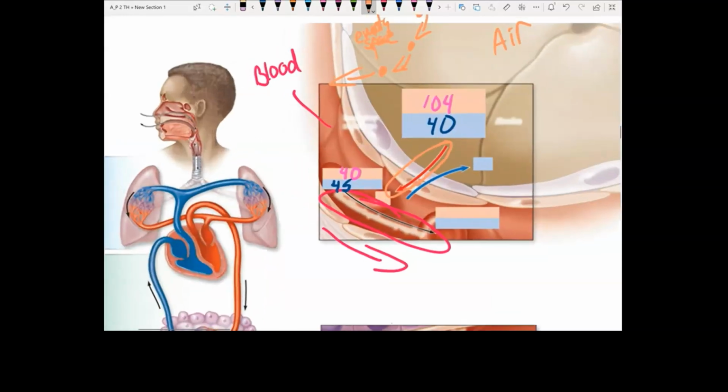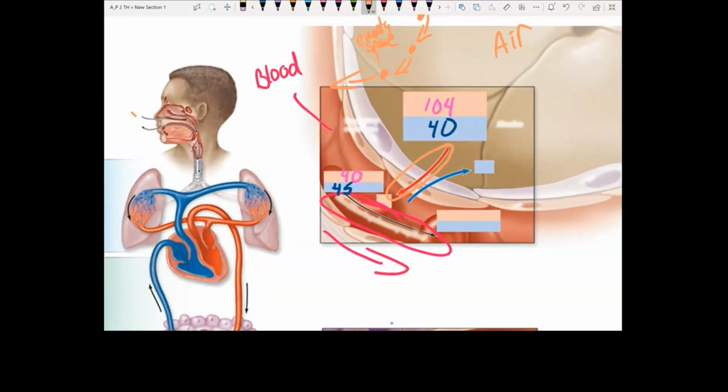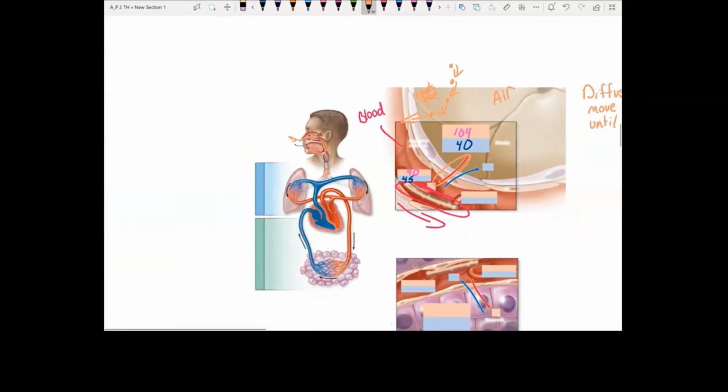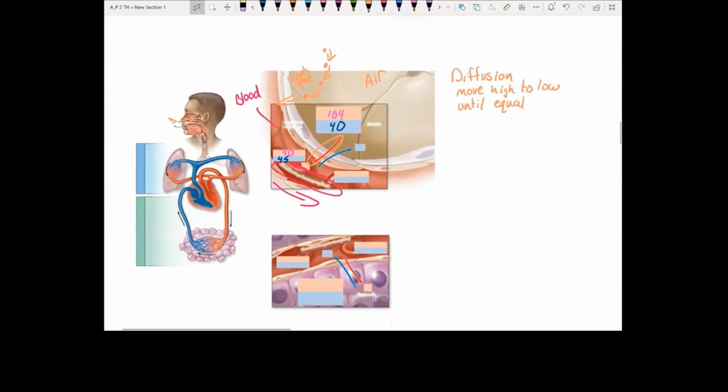See here in his face? Here that is. Follow this arrow. It's going through his nose all the way down like this. Each oxygen just keeps moving up to take the other's space. So that means that you start with 104. One of them moves into the blood.